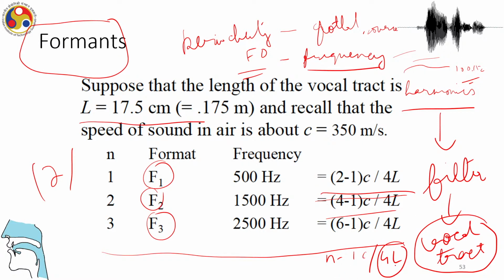So this is the formula which will give you the three different formants of the vowel schwa. Its first formant is 500 hertz, second formant is 1500 hertz, third formant being 2500 hertz.